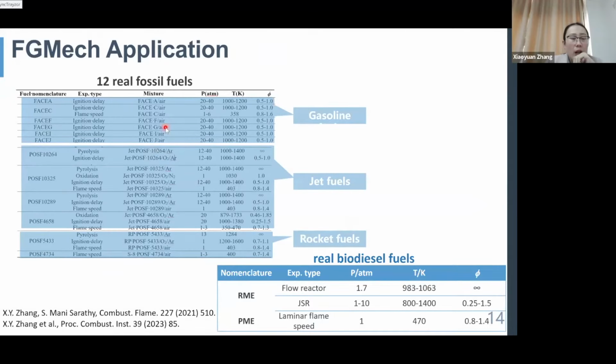In order to test the reliability of this model approach, we constructed the kinetic models for gasoline, jet, and rocket fuels and biodiesel fuels based on the FGMAC approach and tested them against experimental data available in the literature. Here are the tables showing the validation conditions, including both global and speciation data.